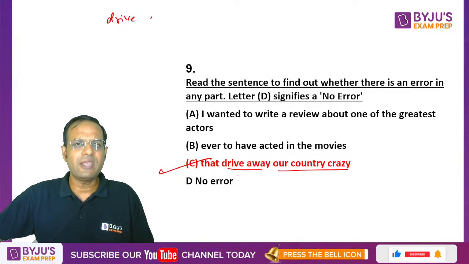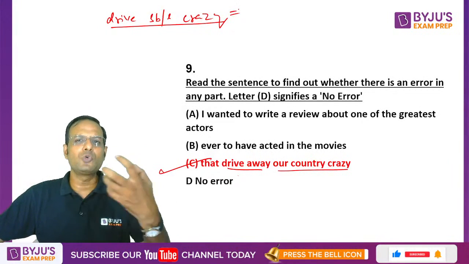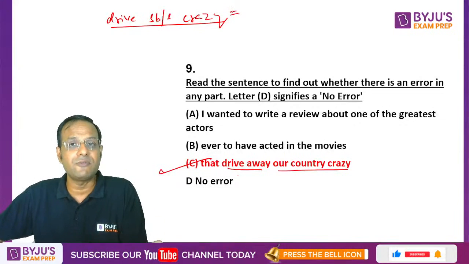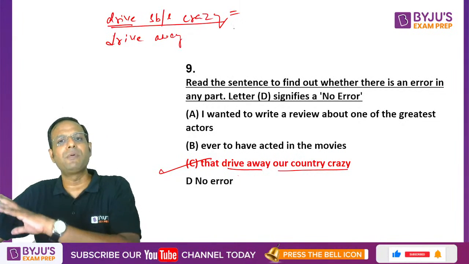You can drive somebody crazy. It means to attract people towards you. When people go crazy, people go crazy for someone. You can drive people crazy. You cannot say drive away people crazy.